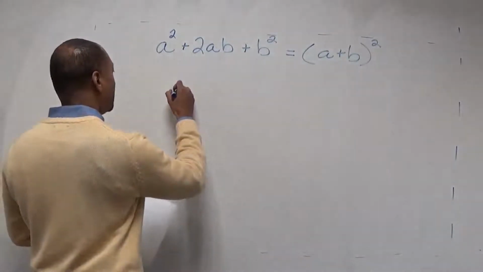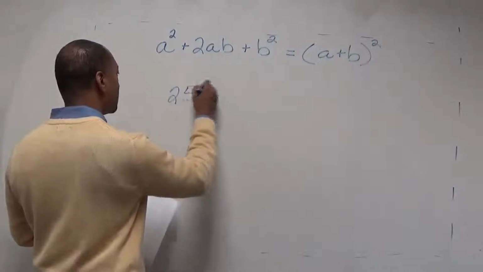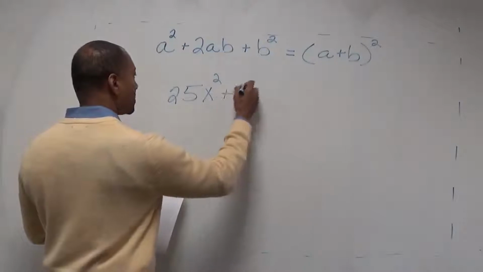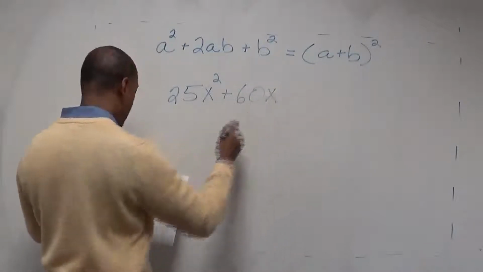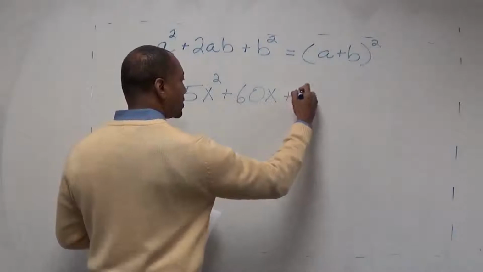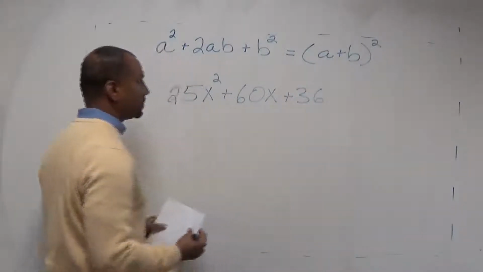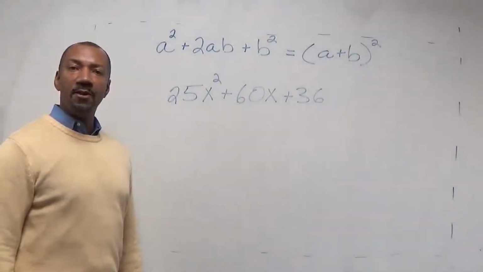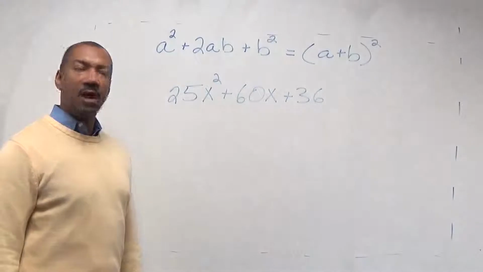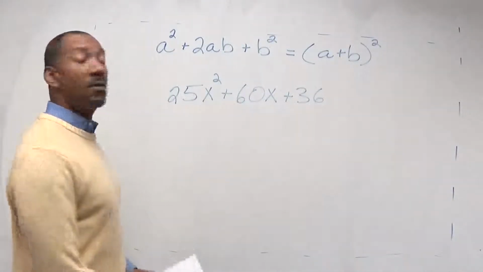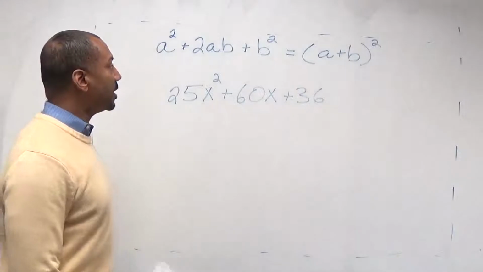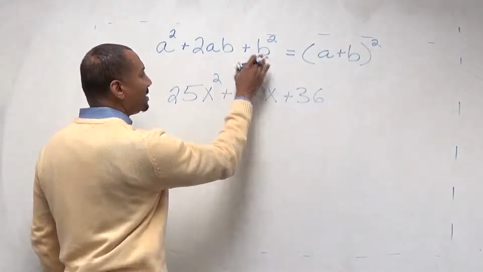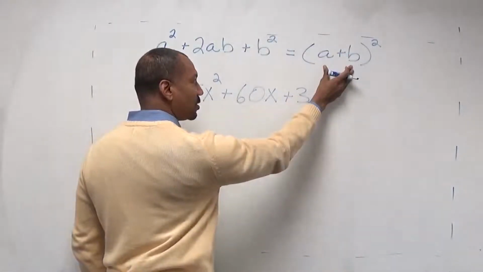Let's say that we have been given this to factor: 25x squared plus 60x plus 36. To factor this one, what we need to do is go from the problem, such as this formula, down to our factored answer.